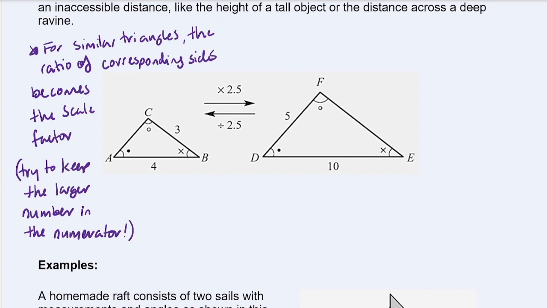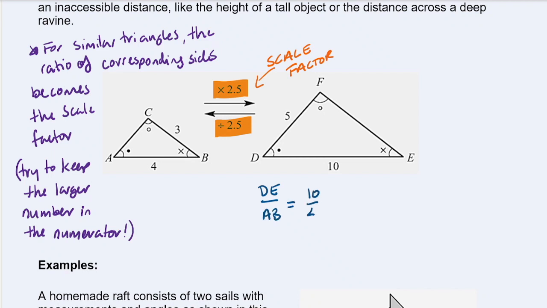So if we look at what we've got here in our little diagram, how did we get to 2.5? So here's our scale factor here. And how we got there, well, let's match up our sides. DE matches up pretty well with AB.